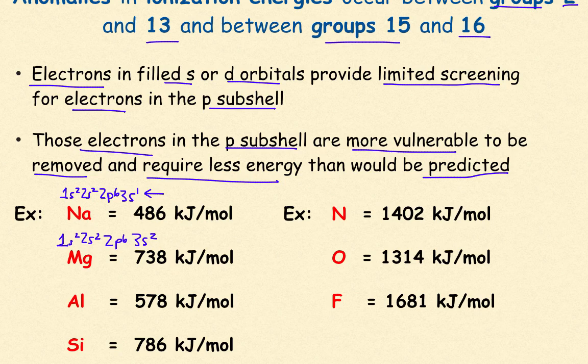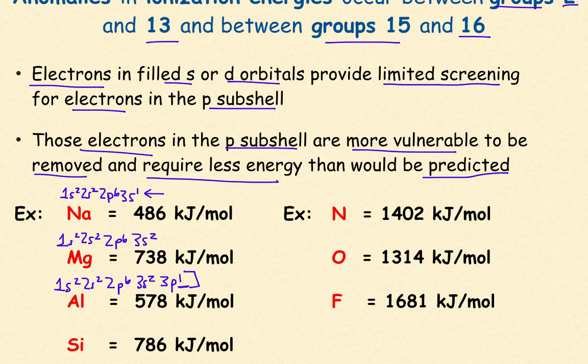So let's look at the electron configuration for aluminum, and that is going to be 1s2, 2s2, 2p6, 3s2, 3p1. And this one electron in this p subshell is easily removed because the 2 electrons in this 3s sublevel are going to have limited shielding, which makes this particular electron pretty vulnerable. Even though the general trend is that as you go across a period, the ionization energies are going to increase.